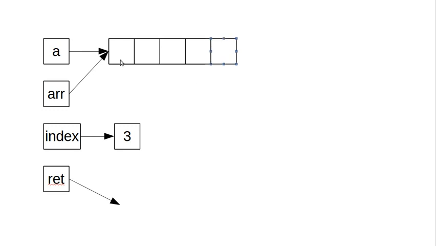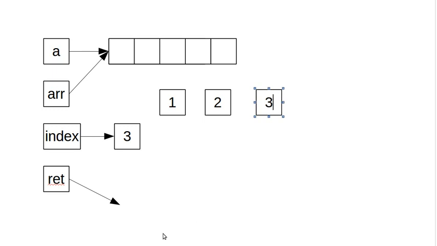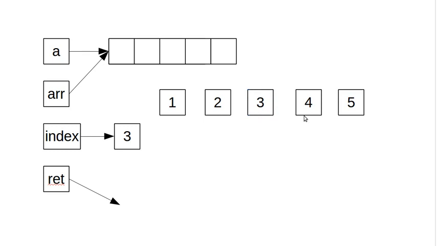And these 5 boxes do not actually store 1, 2, 3, 4, 5. They store references to the objects 1, 2, 3, 4, and 5. Hopefully you can see why I was a little bit slack in doing my drawings previously, because drawing it this way does take a bit more time.